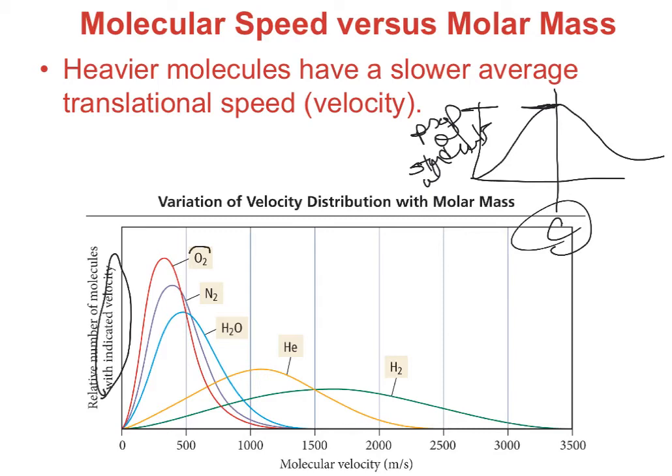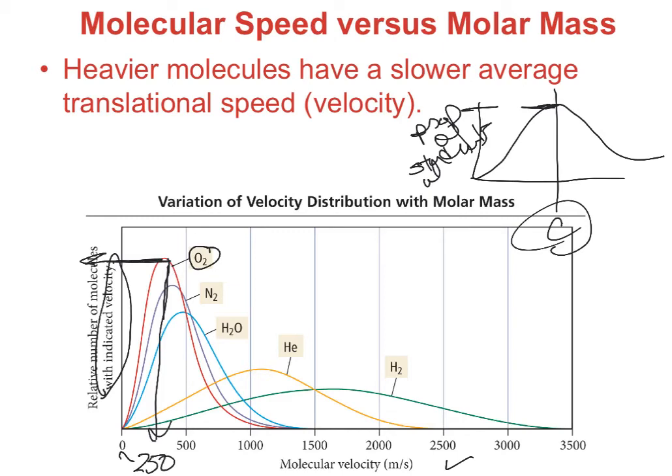So let's look at oxygen gas. For oxygen gas, the highest proportion of molecules at a certain temperature, because we're not varying temperature, we just have velocity on the x-axis, have a speed of around 250 meters per second.